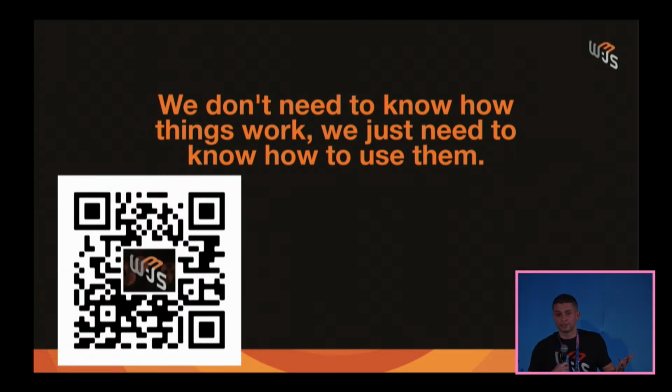Or for most users, or even developers, we don't need to know all the latest and deeper mechanisms of encryption. We don't know how the elliptic curve signature algorithm works, but we all use MetaMask, we all use encryption, we all interact with contracts and send transactions, right? So we don't need to know how things work. We just need to know how to use them.